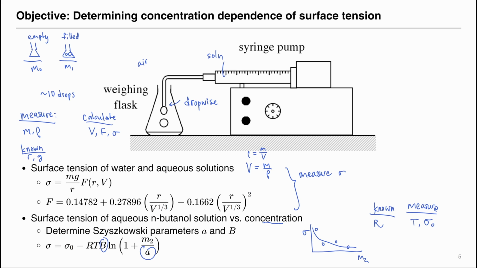Just measure sigma, including sigma 0, which is just the water surface tension. And m we also know because we have prepared the solutions. And then we can finally calculate sigma, which is a function of the molality.